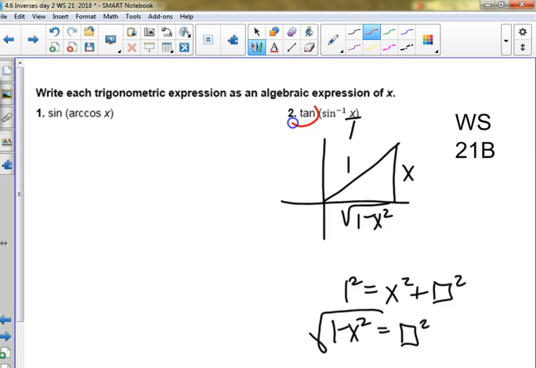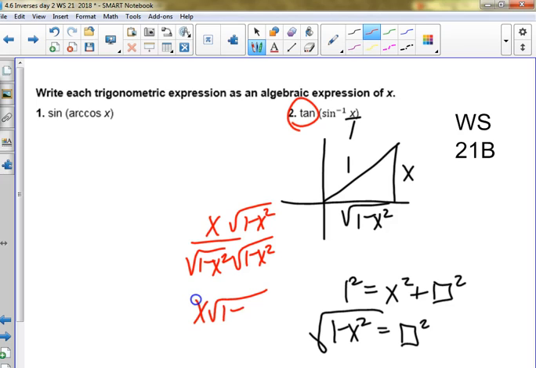Not the cotangent, the tangent. It's opposite over adjacent, so it's this. Because then we have to do this. So I get x times the square root of 1 minus x squared all over what? Okay. I like the cotangent better.